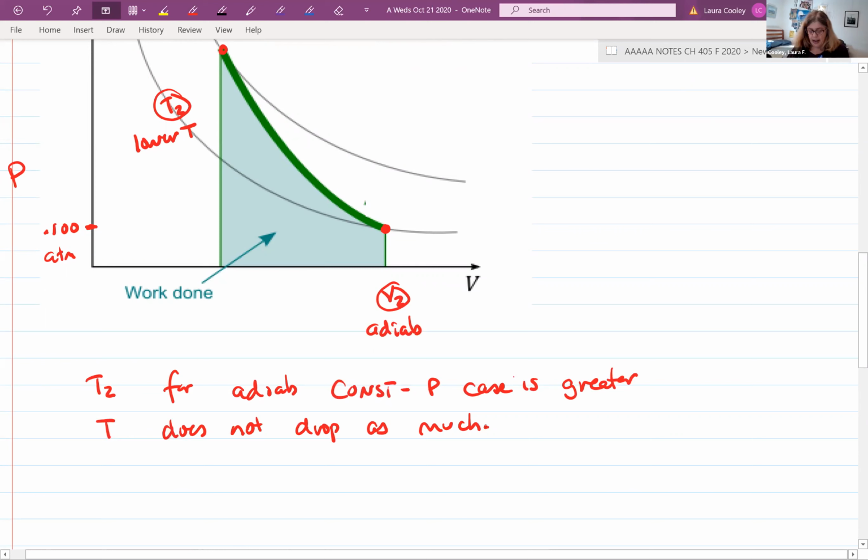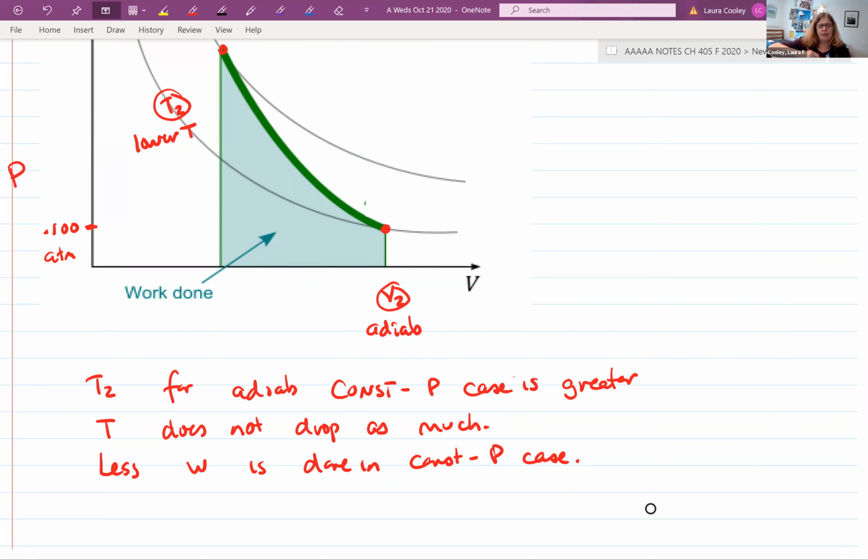The reason for that is because less work is done in the constant pressure case, which does compare quite well to the isothermal case. It's like you have that constant value of the pressure. You don't have the area underneath one of these curves. While the area underneath this adiabat is not as much as would be underneath the isotherm, it's still more than if you had just a constant amount here.